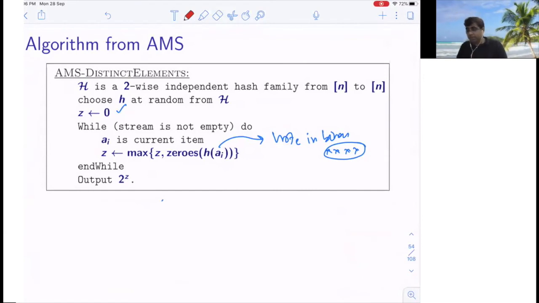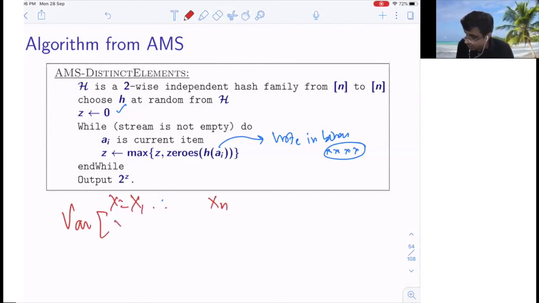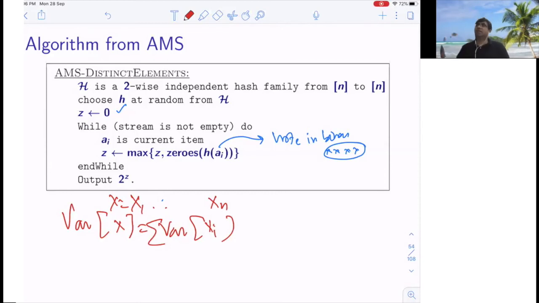But we use two-wise independence just to set up some indicator random variables x1 to xn, and their sum, and to say something about the variance of xi, right? This helps us in some sense upper bound the variance in terms of expectation. So that is the main deal about it. Okay.